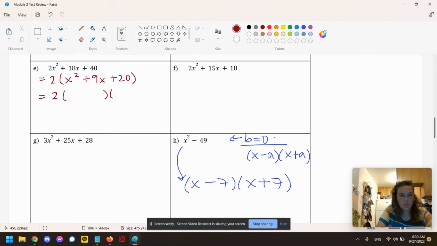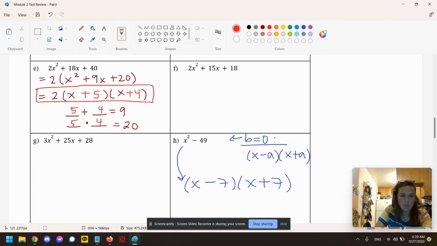And now my answer looks like this, where I'm trying to add to 9, and I'm trying to multiply to 20. Right, if we want to add to 9 and multiply to 20, it should be 5 and 4. And then our final answer should have a 2 out front to say, actually, our question was twice as big as what we're describing.